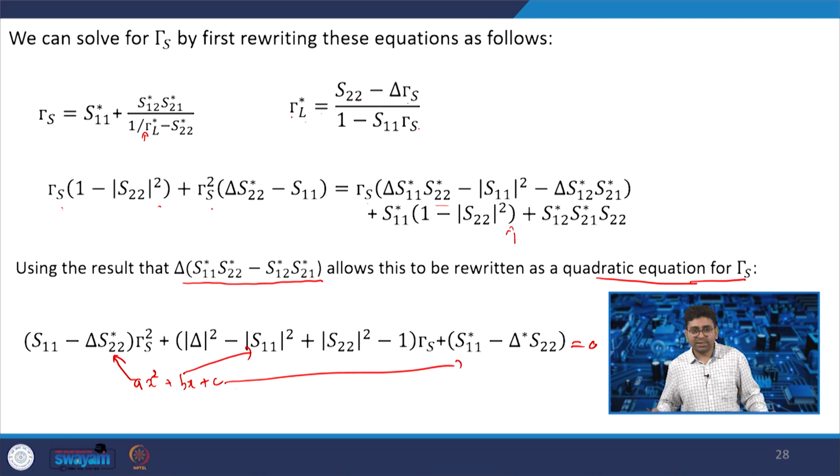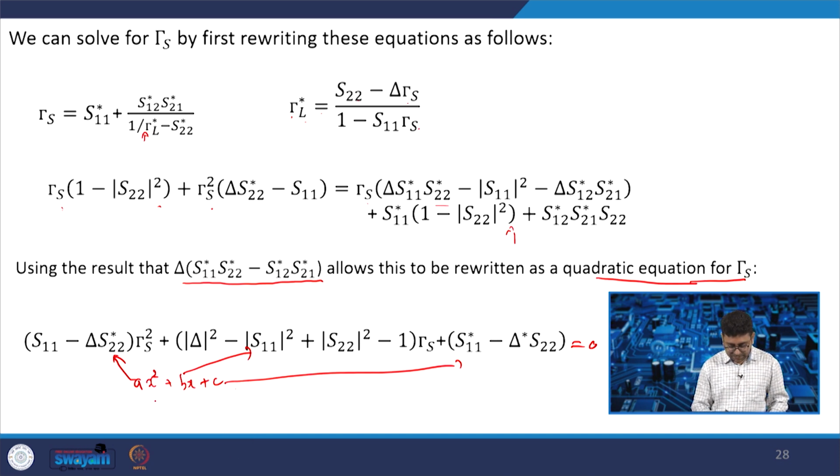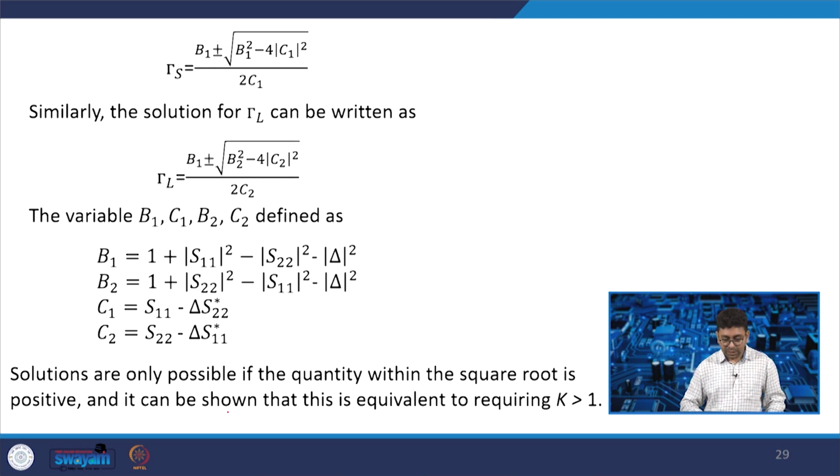We all know the solution of a quadratic equation, so we can find the value of gamma S. There are two values that you will get: minus b1 plus or minus the square root of b1 square minus 4 c1 square, divided by 2 c1.